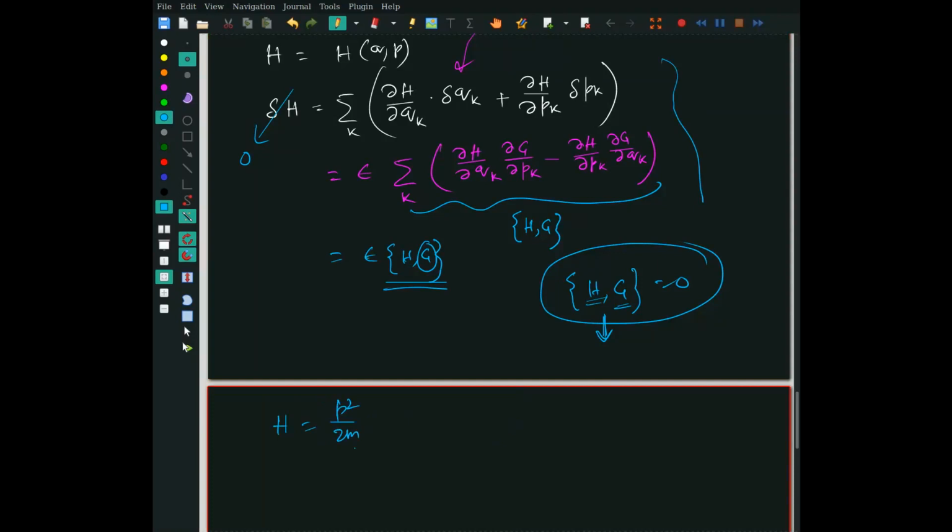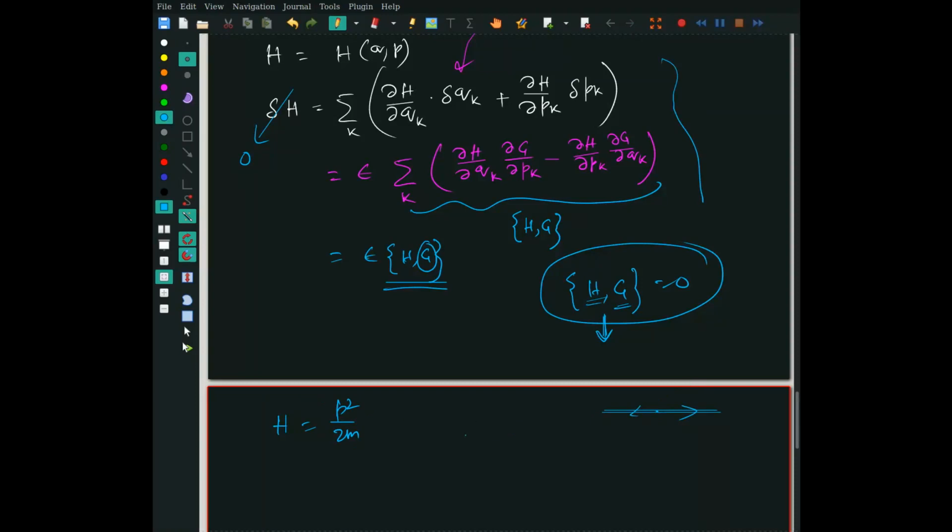Okay, so if you think about the thing like this translation, if a free particle is in one dimension, then I told you that there is a translational symmetry. It doesn't matter where you choose your origin to be.